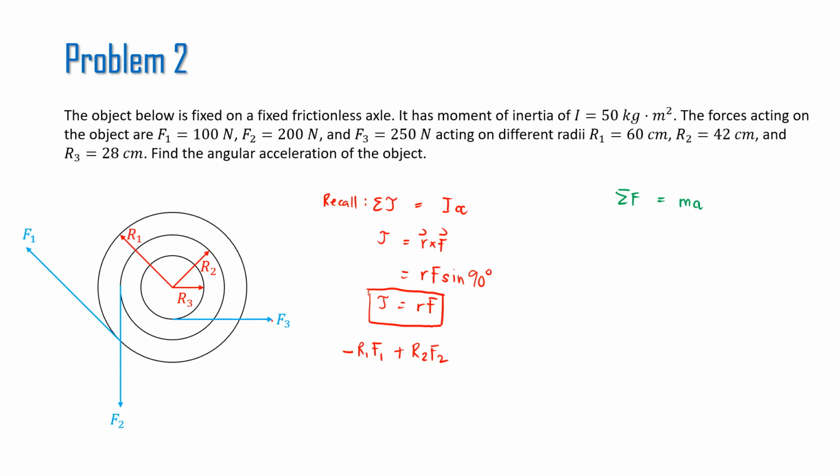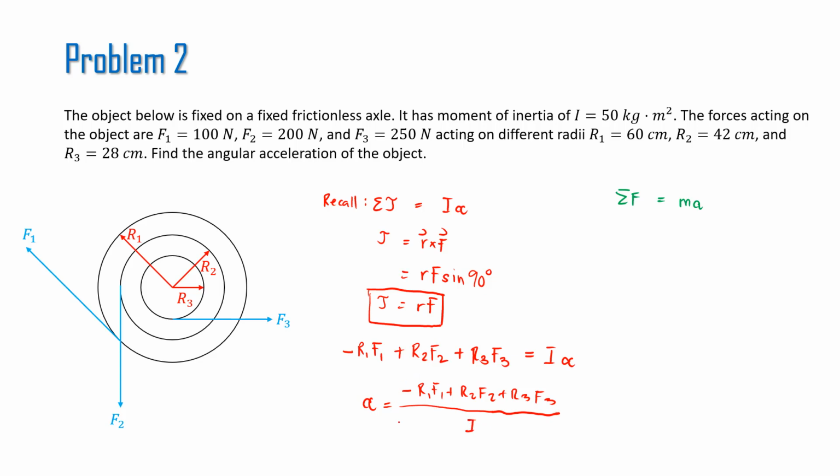Your F3 causes a positive torque also, in the counterclockwise direction, so you have R sub 3 multiplied by F sub 3. We will equate this with I alpha, and after this we can get alpha. So alpha is just equal to negative R sub 1 F sub 1 plus R sub 2 F sub 2 plus R sub 3 F sub 3, divided by the moment of inertia.